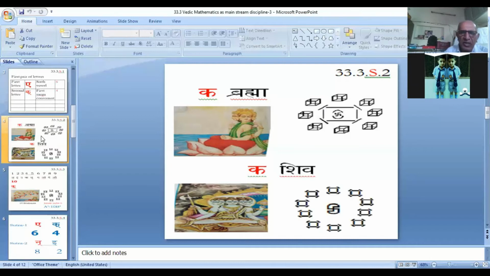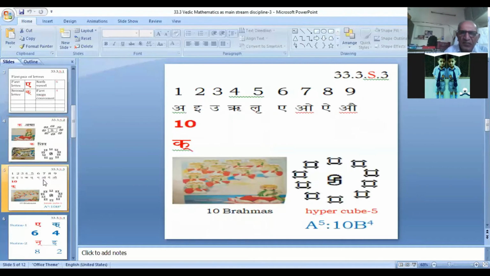Now, here we may further have a fresh visit to the placement of the letters in Devanagari alphabet.